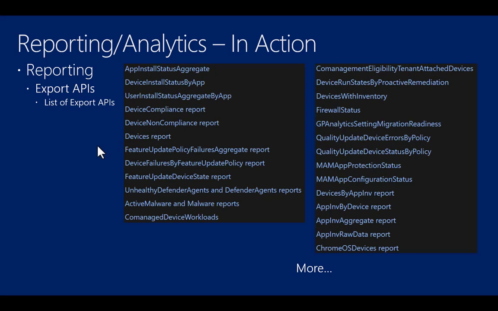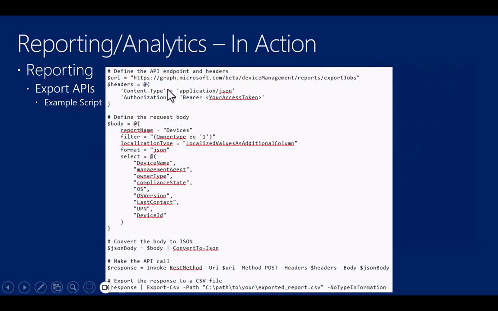This example is just a quick and dirty example to illustrate the concept. This is just a piece of code that leverages Graph API to use the export API. Specifically, this one is focused on the devices export API. So I define this is the export API. Here are the fields that I care about from this particular export API.